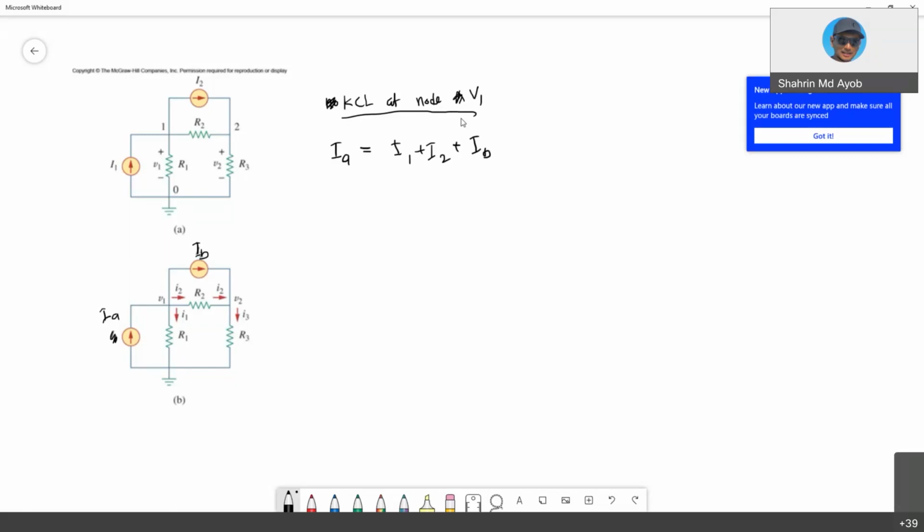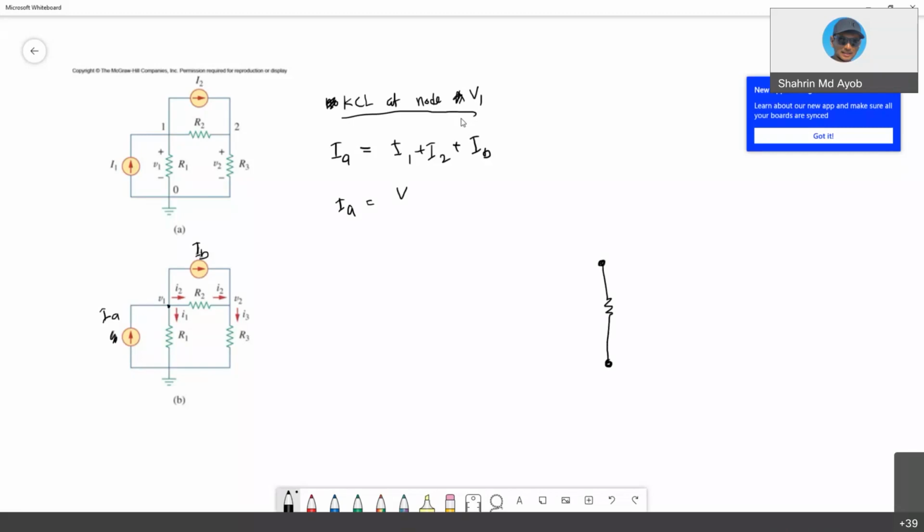Next, you need to rewrite this equation in terms of the node voltage. Right now, the current source is IA, so let it be the value of the current source. For I1, you need to write it in terms of its voltage. We know that I1 is the branch current, so I1 is the voltage drop over the value of the resistor, R1.